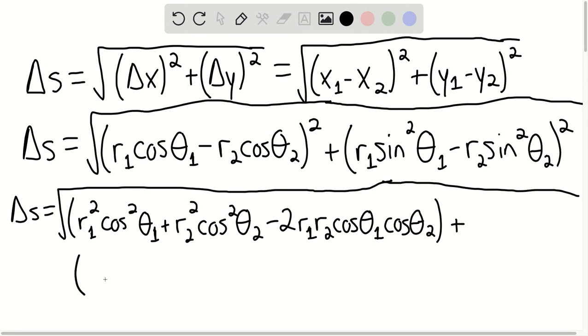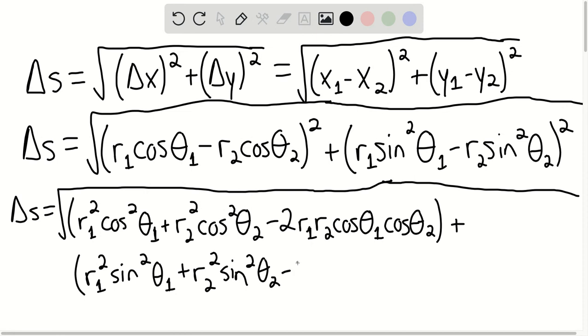This would still be, of course, under the square root. Plus r sub 1 squared sine squared of theta sub 1, plus r sub 2 squared sine squared of theta sub 2, and then again, minus 2 r sub 1, r sub 2, sine of theta sub 1, sine of theta sub 2.